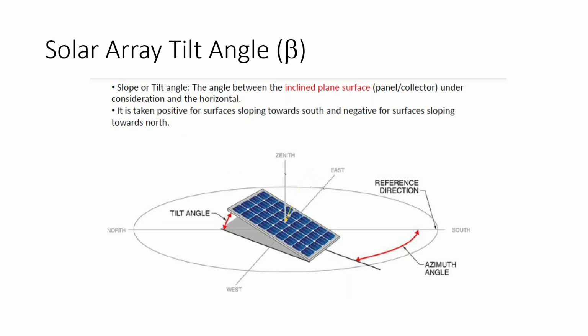Solar array tilt angle denoted by beta. It is also called the slope angle, and it is the angle between the inclined plane surface under consideration and the horizontal. It is positive for the surfaces sloping towards south and negative for surfaces sloping towards north.